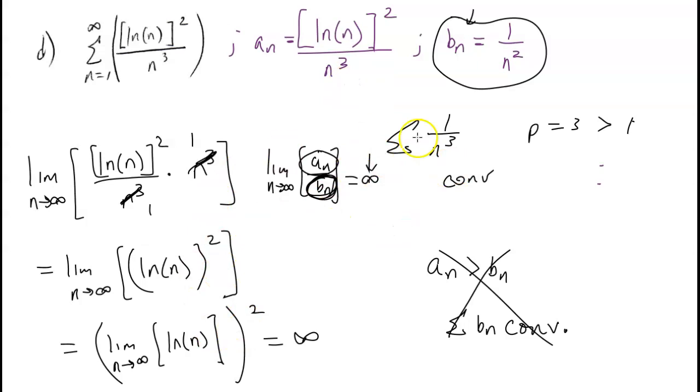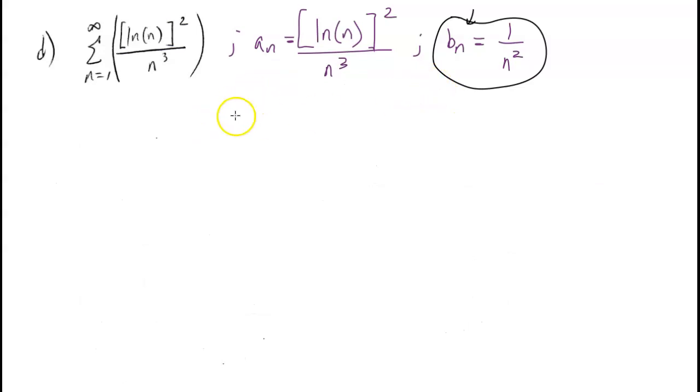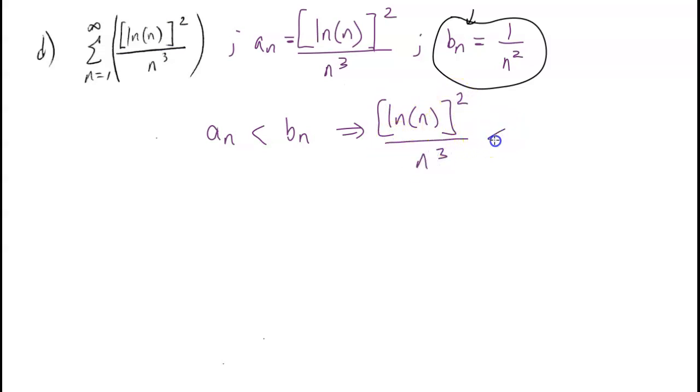I'm going to erase some of this work here and actually show you why that is. What I'm proposing is that B sub n is larger than A sub n here, which means that 1 over n squared is going to be larger than natural log of n squared over n cubed. If we go back to arithmetic for a second, one of the ways we could determine if a particular number is larger or smaller than another is to do some cross multiplication.